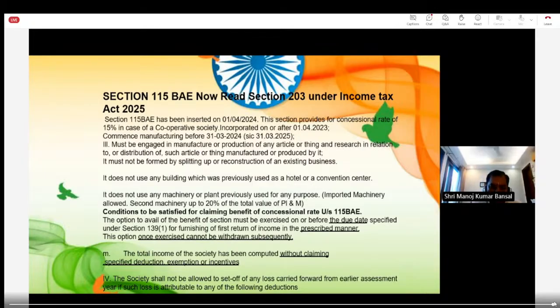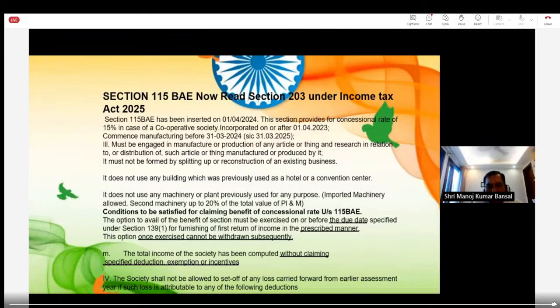Just like we file returns in July for salaried, interest income or house property income, for business incomes which are not audited the date is 31st August, and for auditable cases, as you know, it is later.